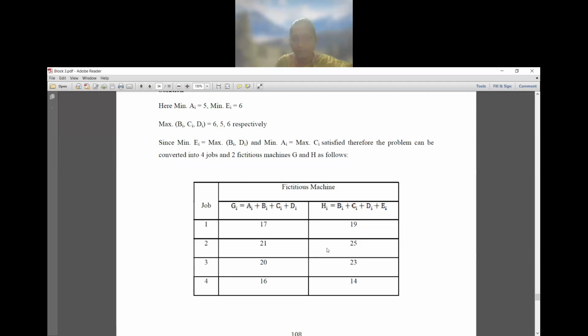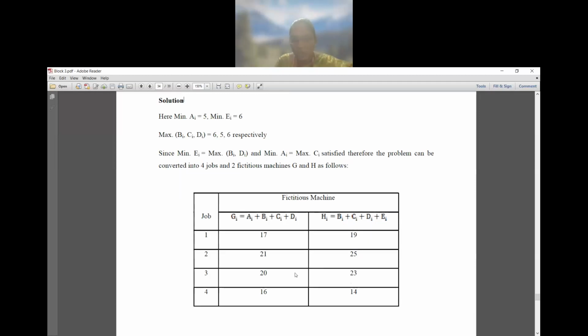Whereas for job 1, value of H is 19. For job 2, value of H is 25. For the third job, value of H is 23. And for job 4, value of H is 14.